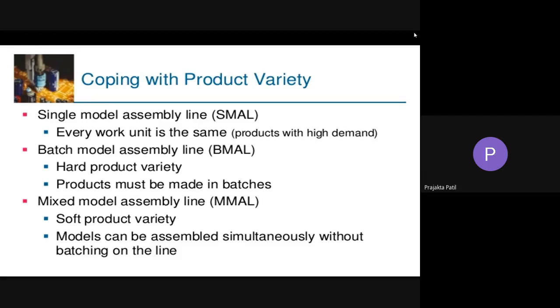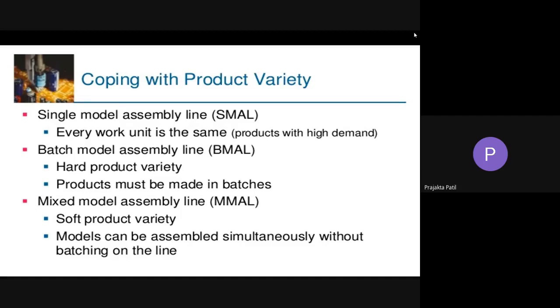Okay, so here what happens is on the mixed model line, all the models, they will be made simultaneously on the same line. So you do not have to wait for a changeover or change of tools or anything like that. The assembly line that has been set up will have the ability to accommodate all the changes that need to be made in order to have the mixed models.